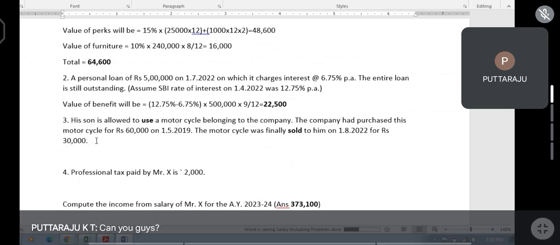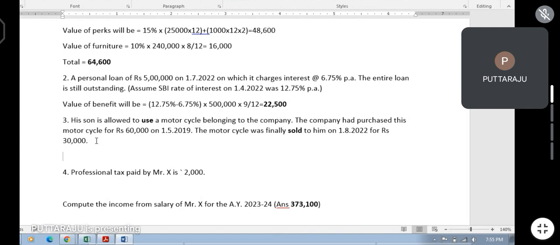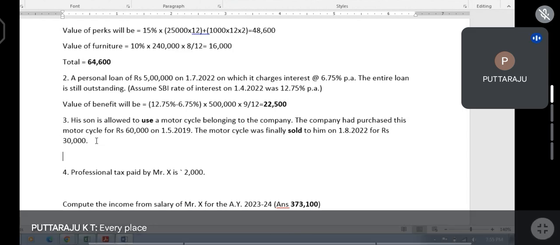Can you calculate for use of motorcycle? What is the value of perquisite? Use. Have you forgotten everything?